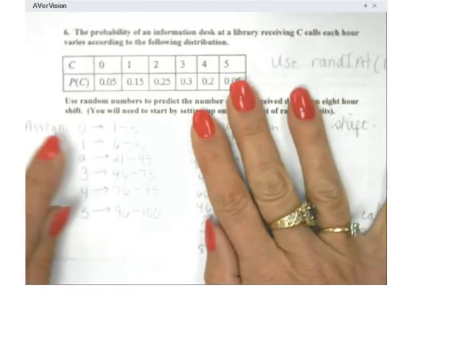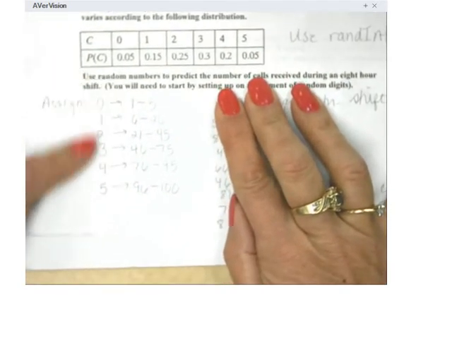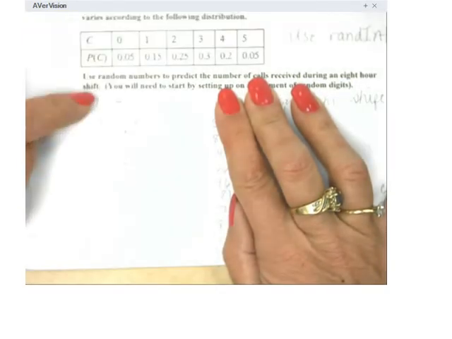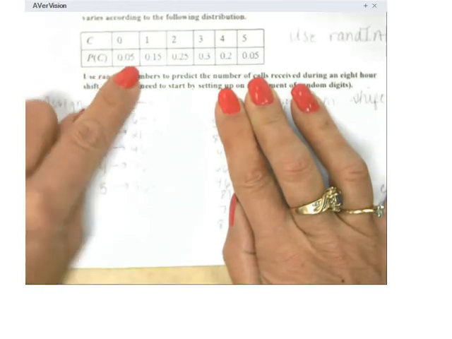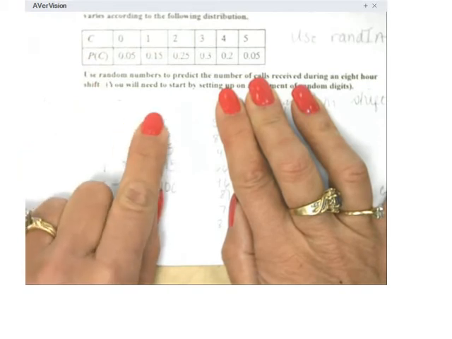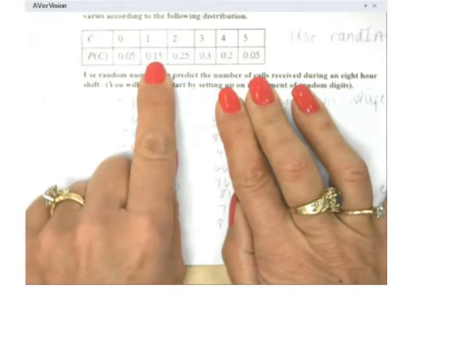Now, this is not the only way to assign them, but I did the following. The only numbers that I need to generate are 0 through 5. I'm going to let the first 5 numbers, because the probability is 5%, 5 out of 100, stand for you got a 0. No one called. Then the next 15 numbers, I'm going to let stand for a 1.